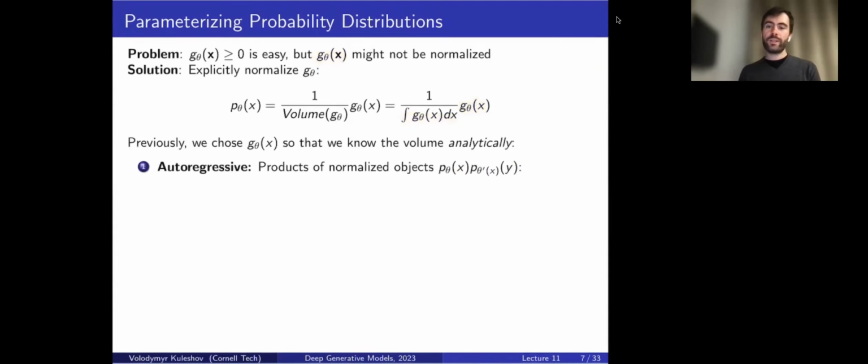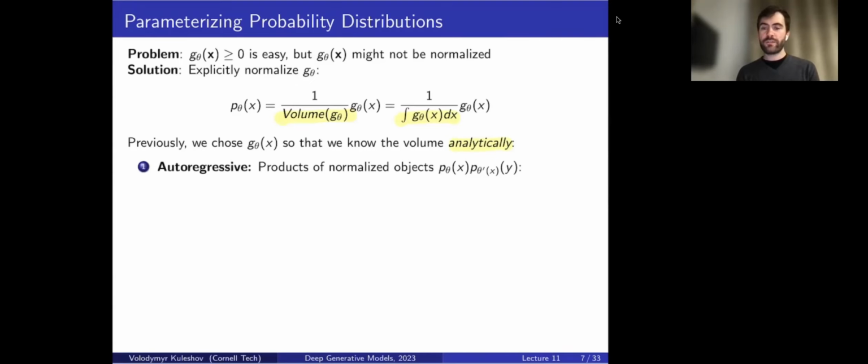So for example, when we define an autoregressive model, we're implicitly choosing a g of theta such that this volume or this integral is available to us analytically. By analytically, I mean that we know what that integral is, and we can easily apply its normalization term.